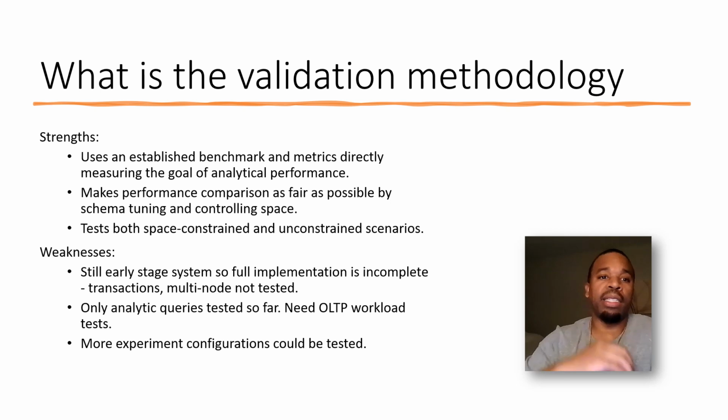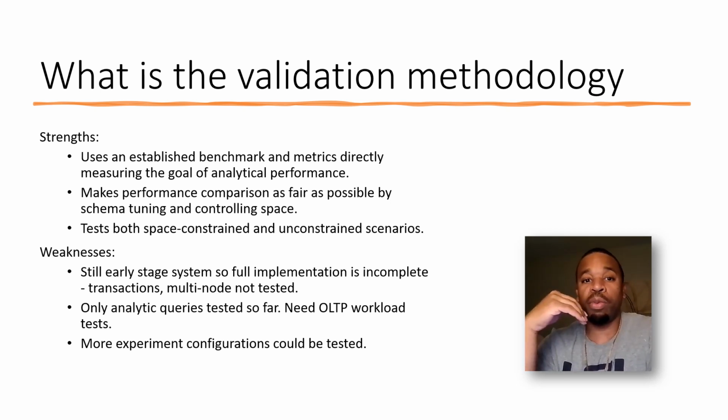Another weakness is that additional experiments could provide a more thorough comparison. They could have tested scalability on bigger data sets, varied the query types beyond TPC-H, or explored different schema designs.